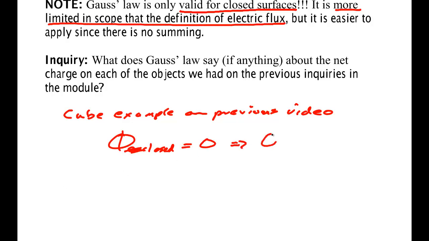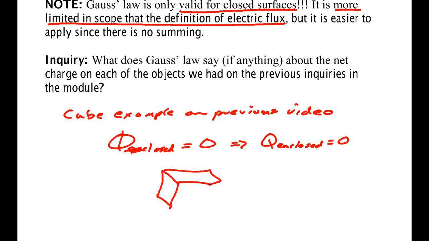This implies that the enclosed charge was 0. Now, that doesn't mean there's not charge in there, but it means whatever plus or minus charges in there are balanced. The net charge is 0.